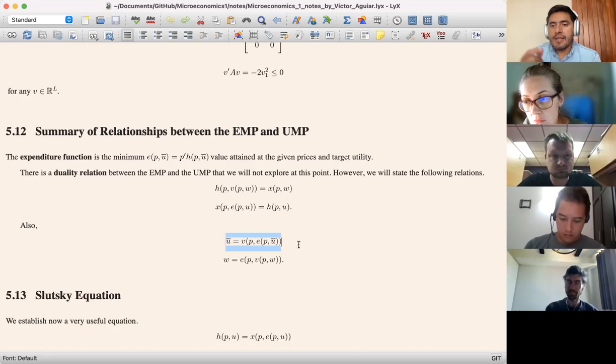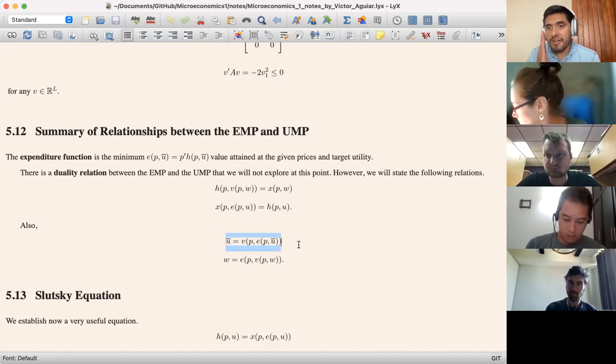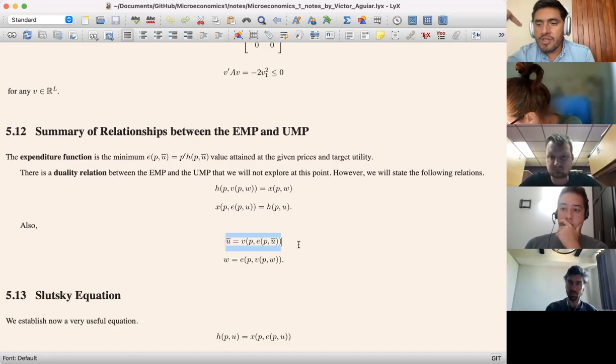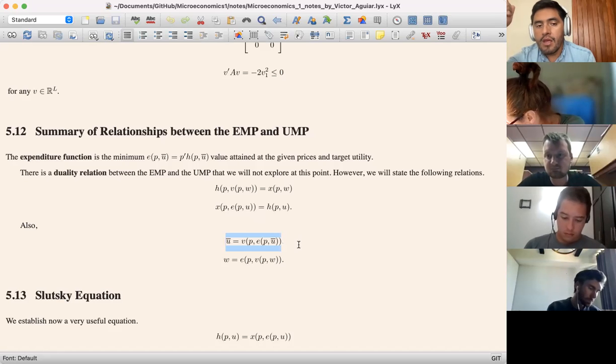And now I apply the indirect utility to it. Prices are fixed, so it's only the second argument which is moving. I apply it to the expenditure, and what I get back is the utility, right? So it's exactly the operation I described. This is an inversion. So that means that for fixed price, the V function, the indirect utility, is the inverse of the E function, the expenditure function. Understood? Okay.